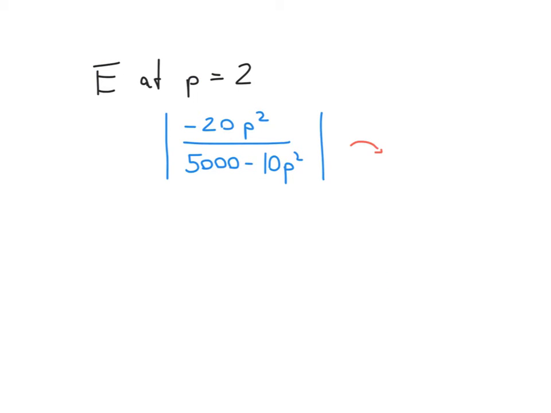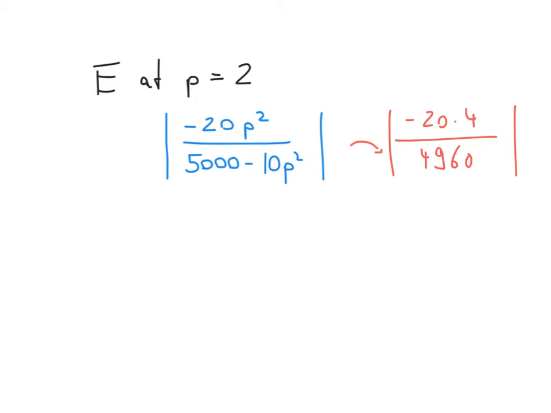So we want to compute E at P equals 2. This was the formula we got for E. Now we just plug in P equals 2, and we would get minus 20 times 4 divided by, we already did this, 4,960. And since we're taking absolute values, the minus 20 here actually becomes a plus 20.